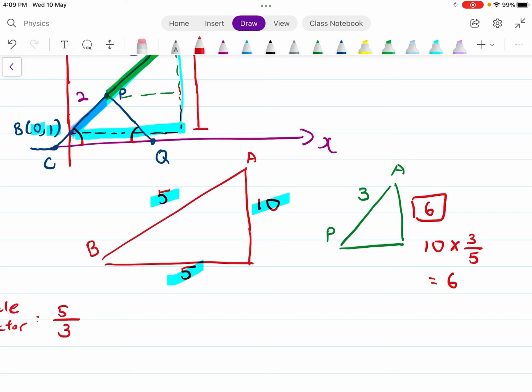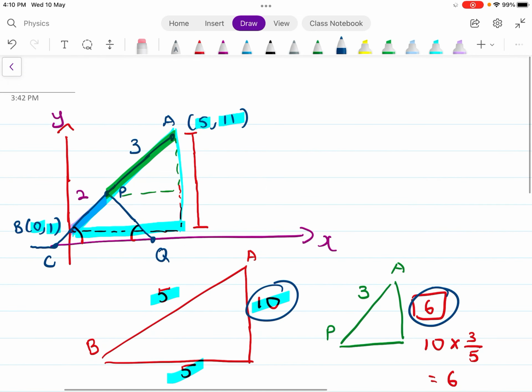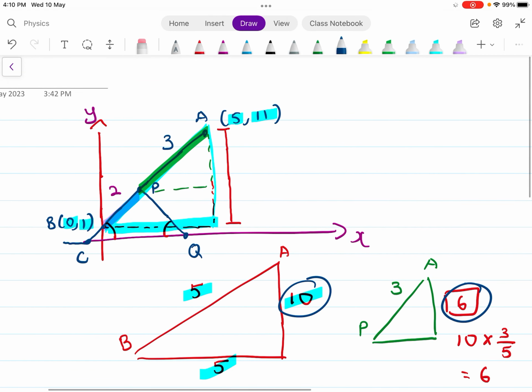If you don't believe it, check 10 divided by 6 and see whether you get 5/3, which you do. So this height is 6 units, and based on this I can determine the y coordinate of point P.